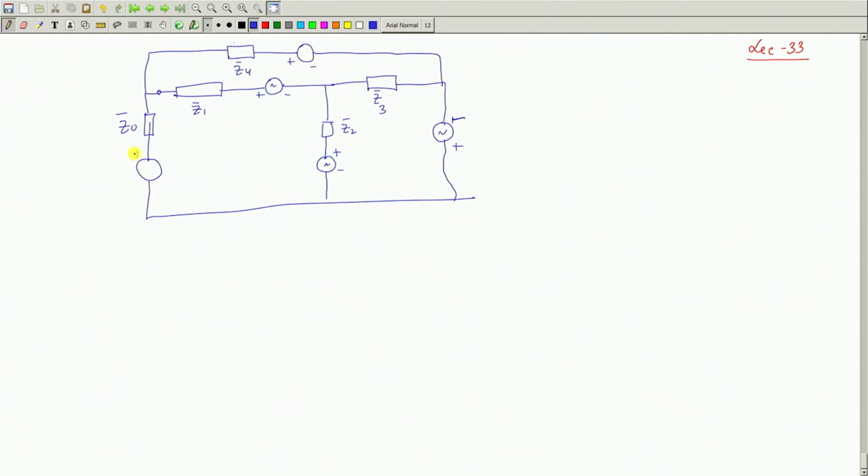Let these sources be called E1, E2, E3, and let me put another impedance here, Z5, and this is say E5. This is how the circuit is given. This is say E6.